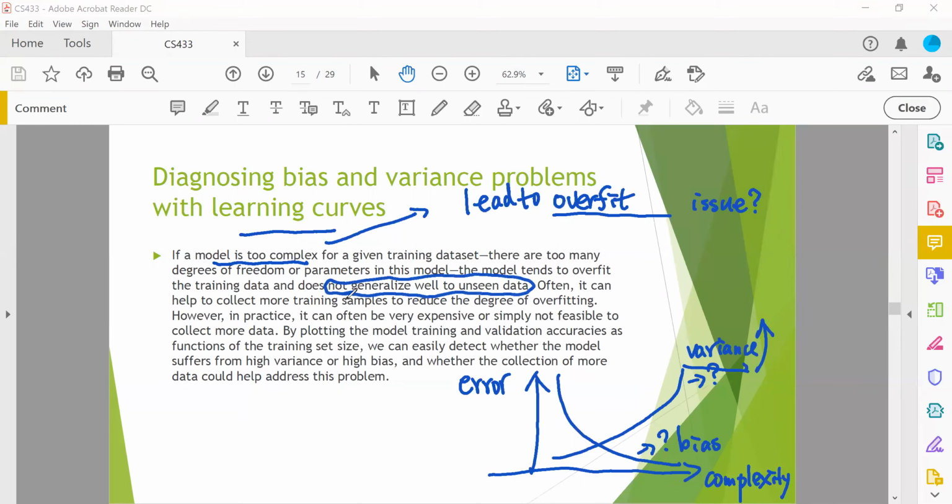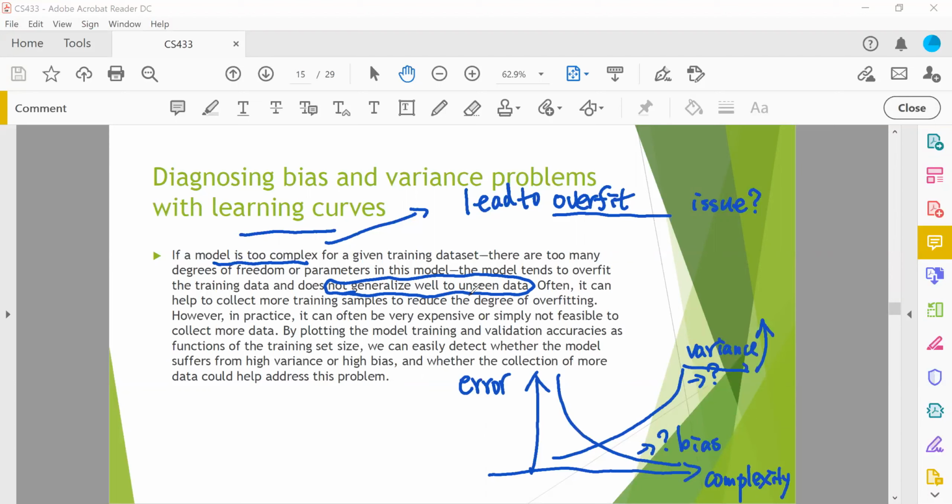You just try to match the pattern of the existing data, but your future sample, your future predicted data, may be off your model. So it will not generalize well, and that's why it can cause overfit.